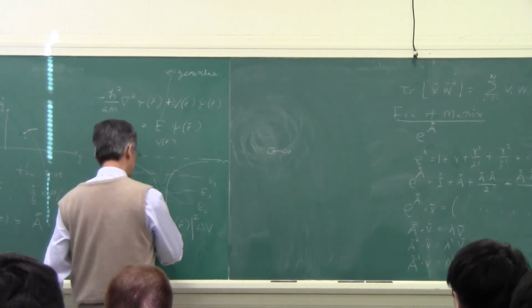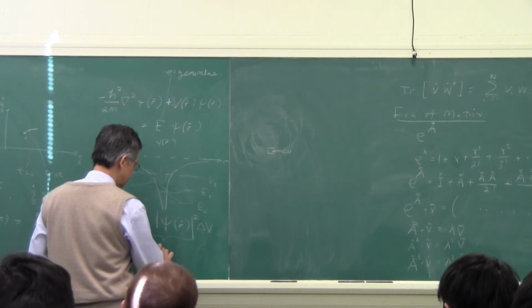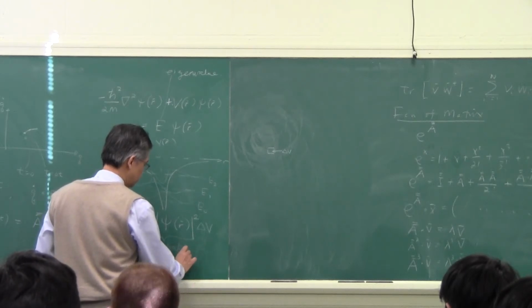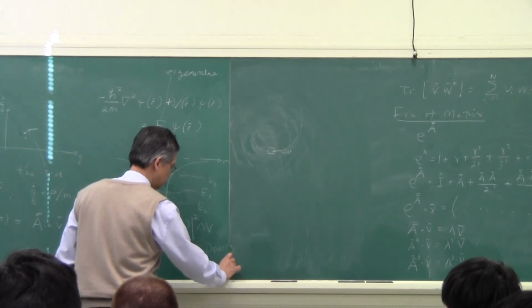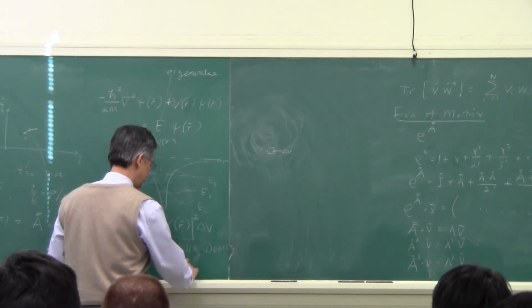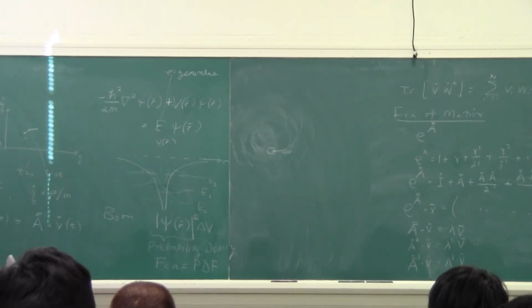So this wave function squared should be thought of as a probability density function, or PDF. Okay, so it should be thought of as a PDF.